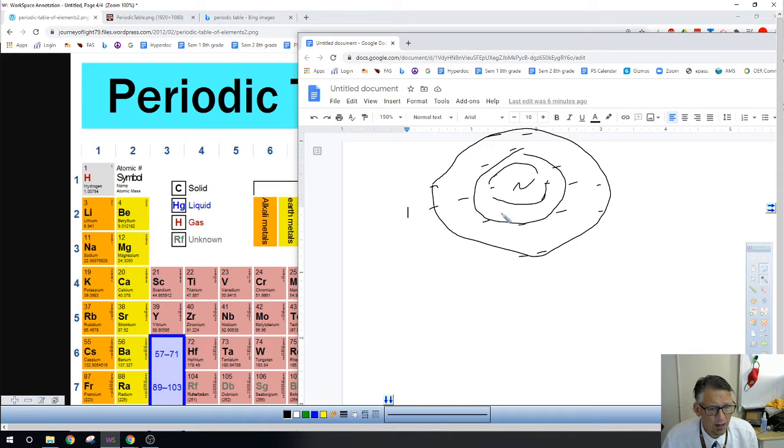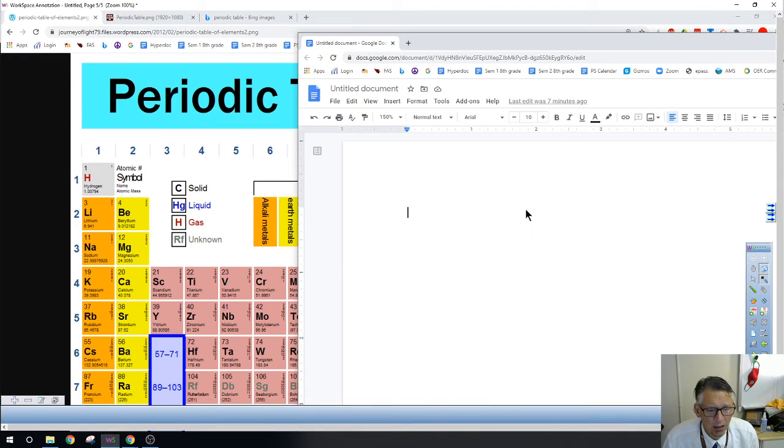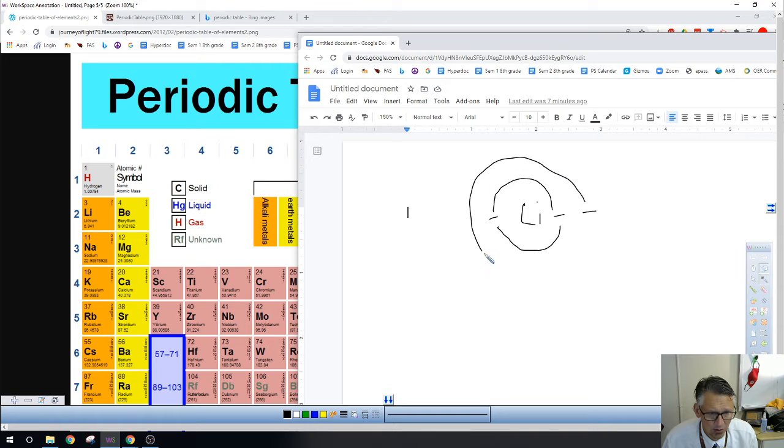an atom wants either the shell to be full or empty. So if we were to draw lithium, it has 3 electrons. That means it has 2 electrons in the first shell, and 1 electron in that outermost shell. The electrons in the outermost shell are called valence electrons.